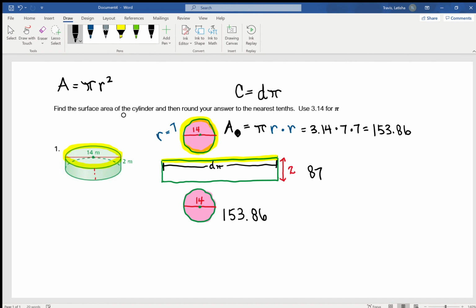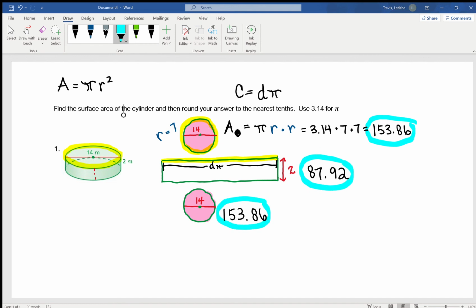And then we have the area of that middle piece, which was 87 and 92 hundredths. Now that we have the area of the three basic parts, all we have to do is add those parts together, those areas, to get the total area. So we have the area of the top circle, the area of the lateral surface, and the area of the bottom circle. Adding those all up, I'm just adding them up right now.